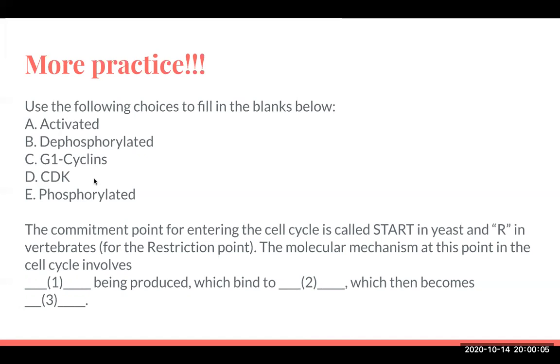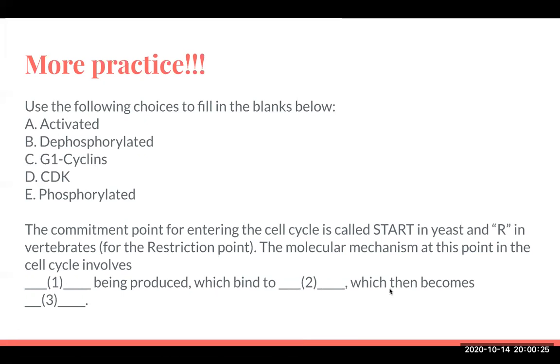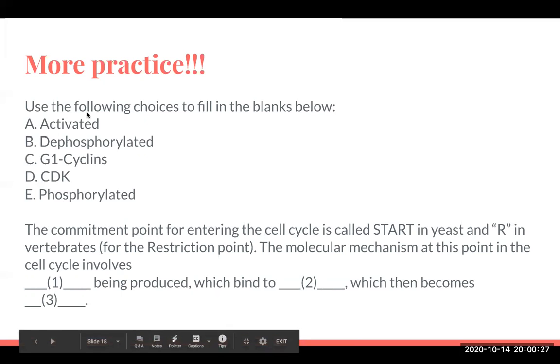I think cyclin is produced first. The answer is C. Yes, everyone's saying CDA, which is exactly right. So G1 cyclins are produced, and they bind to the appropriate CDKs. And once the cyclin and CDK bind, they become activated. So not too bad.